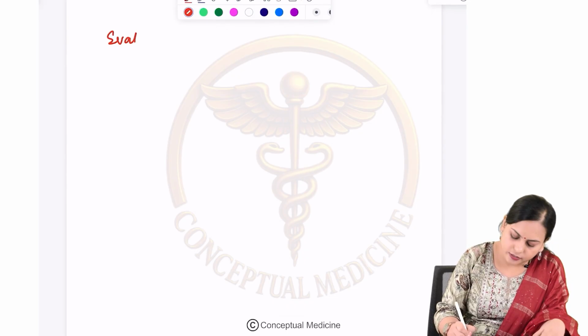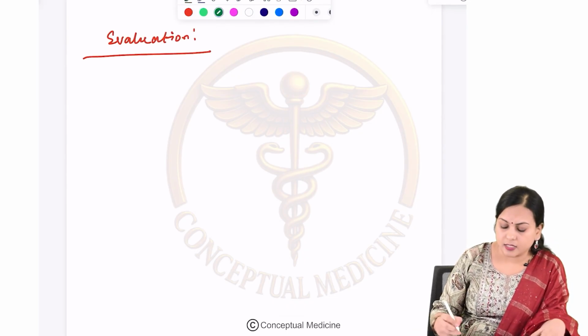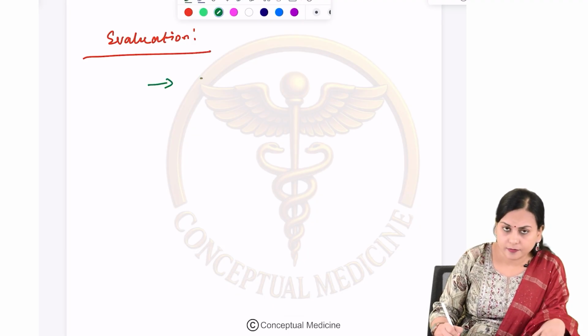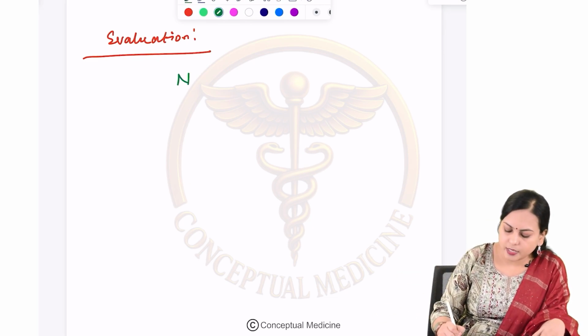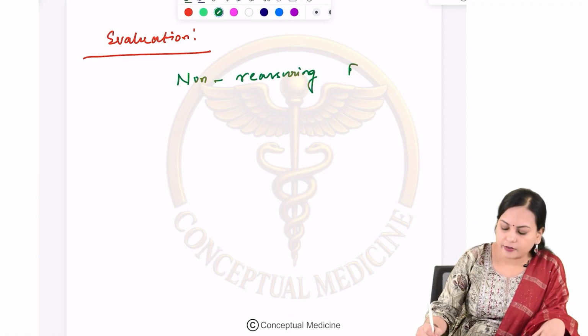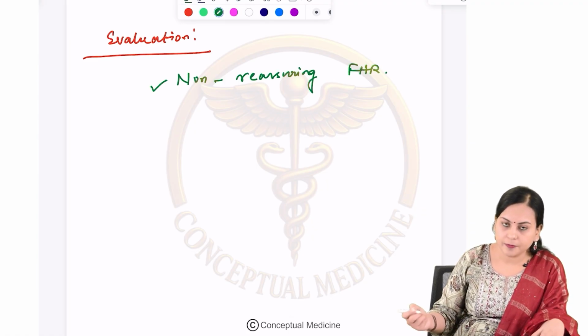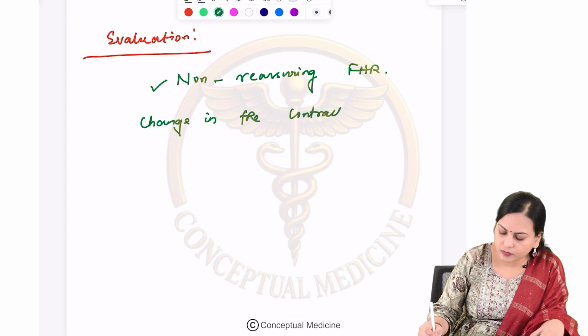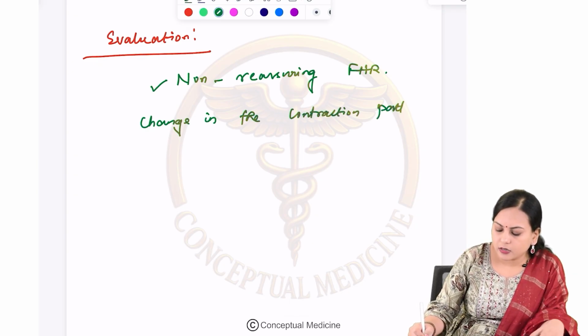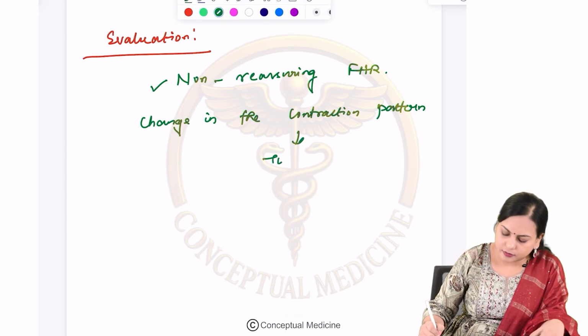Right. Now we have to know how to evaluate the mother. So evaluation can be done by obtaining a cardiotocogram, where you will be seeing a non-reassuring fetal heart rate pattern. Okay. And there is change in the contraction pattern in the tocodynamometer as well.